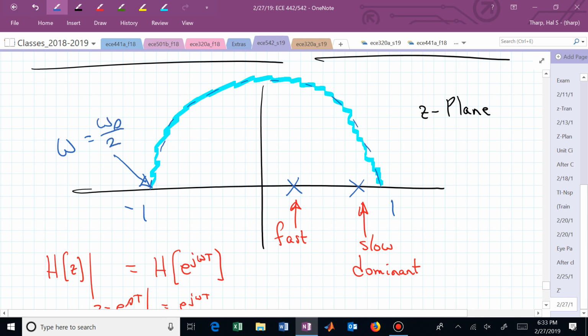And that's the highest frequency that we see in our sampled, or our discretized, system. So we go from DC, which is z equal to 1, half of the way around the unit circle, and get to omega sub s over 2. All the other points down below are simply conjugates, going from DC to minus e to the j pi.